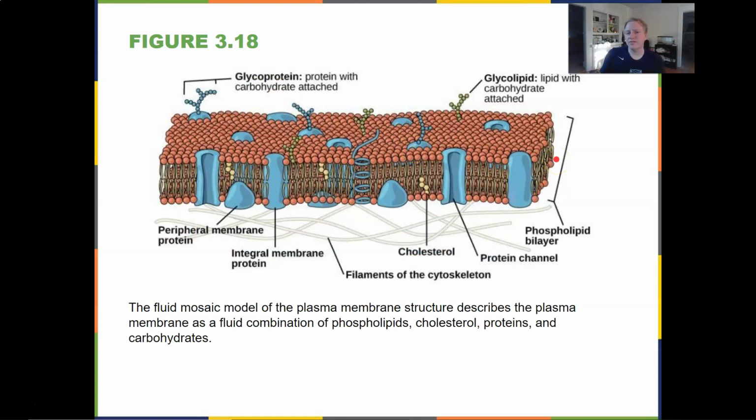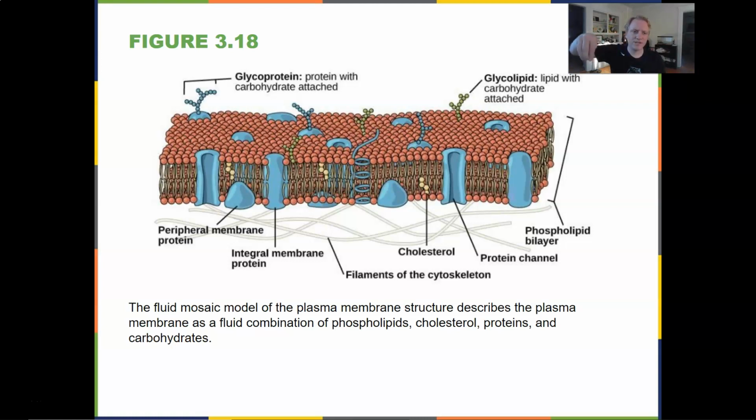Okay, so this is the fluid mosaic model. In the fluid mosaic model, you have all of this stuff in your plasma membrane, and these things are able to move around quite a bit, from place to place. Imagine the phospholipid bilayer as a movable sea of phosphates and lipids, where these things are not bobbing around, but they're able to move.